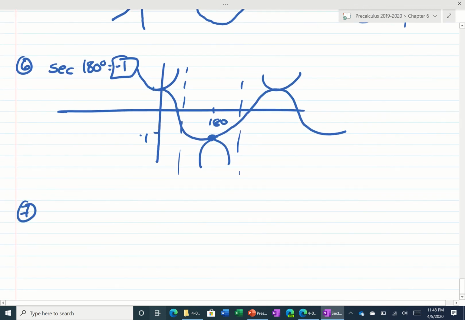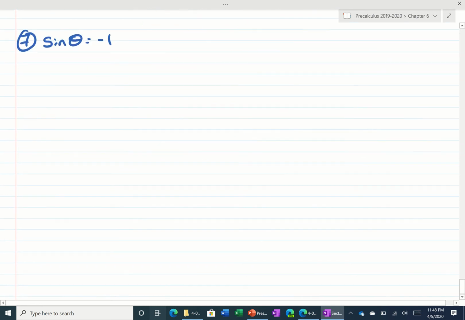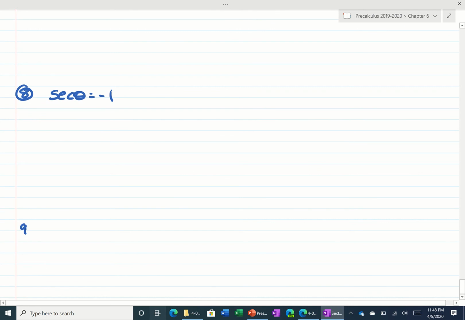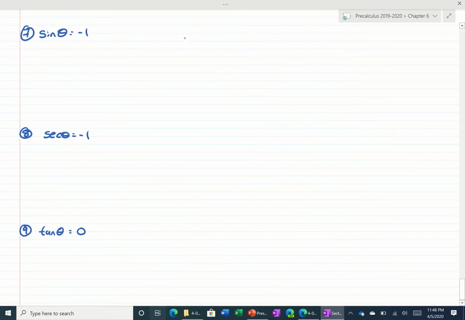Number 7, looking at the graph of sine, for what value of theta is it negative 1? And for number 8, when is secant negative 1? And then number 9, when is tangent 0? Okay, so let's draw these out.